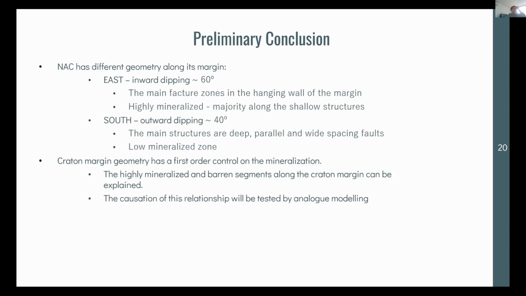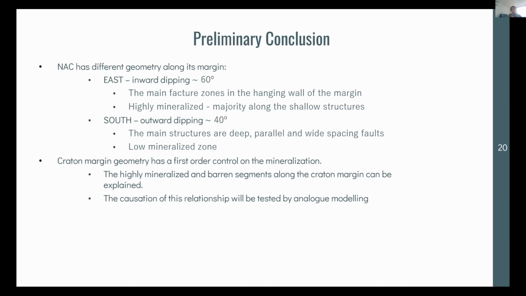So far I just finished my second year, so I'm still in the middle of my PhD trying to figure out these problems. But so far we found that the east side of Mount Eliza is inward dipping, the south side is outward dipping, and we have different patterns in terms of mineral system: the east side is highly mineralized and the south side is low mineralized.